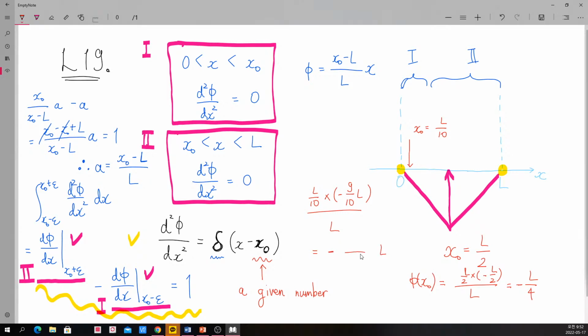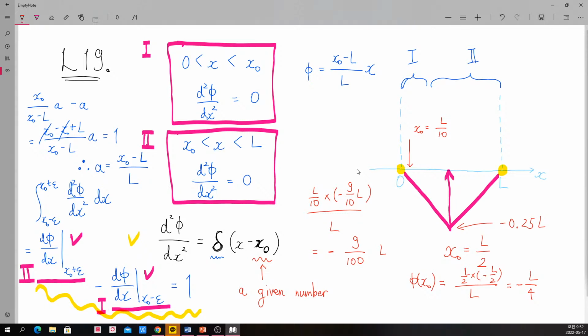However, the answer would be 0.09. So this is corresponding to minus 0.25 L in the previous case. However, in this case, its value is much smaller than that.